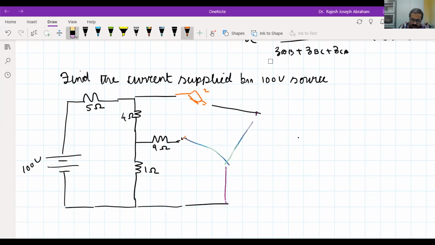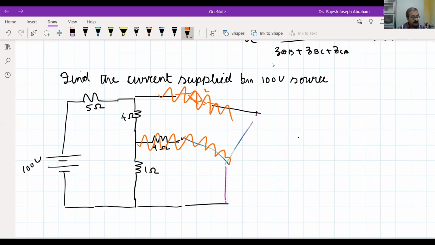So now you will get this branch and this branch in series. Somewhat more simplification has happened, and this in series. So now this is one single branch. In that way you can keep on solving.